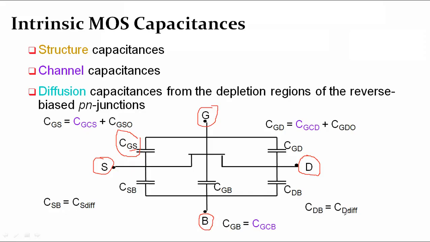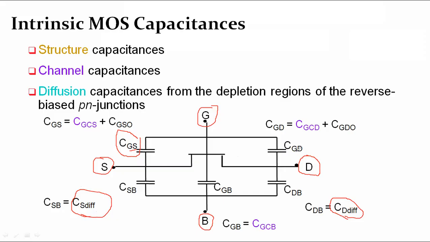That is the drain diffusion capacitance, the source diffusion capacitance, the capacitance across the gate to source, and the capacitance across the gate to drain.